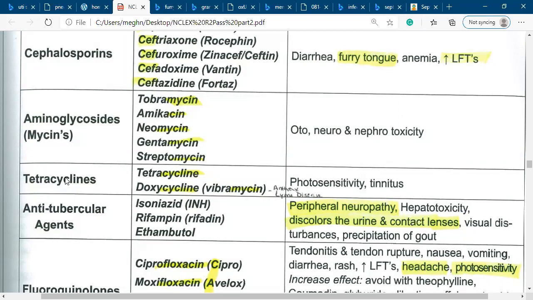If you give your patient aminoglycoside like vancomycin or gentamicin, you have to check the blood level of aminoglycoside or blood level of gentamicin. So you have to draw a peak and trough level by blood test.